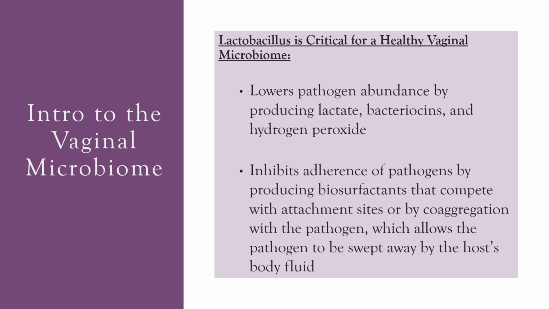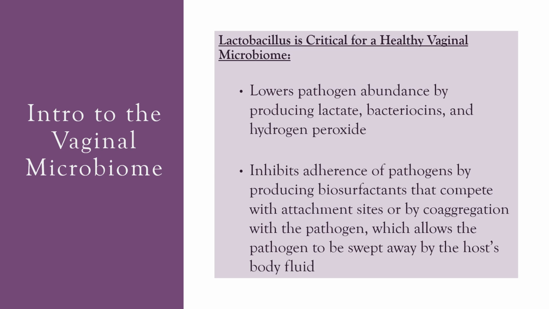As I mentioned, Lactobacillus is critical for healthy vaginal microbiome health. The presence of Lactobacillus species lowers pathogen abundance because Lactobacillus species can produce lactate, bacteriocins, and hydrogen peroxide. Bacteriocins are toxins produced by bacteria to inhibit the growth of similar bacterial strains.